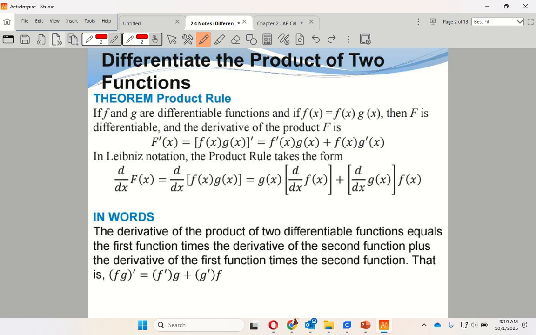See all this formula right here? Now, this is commonly referred to as Leibniz notation, and this is referred to as the other guy's notation.